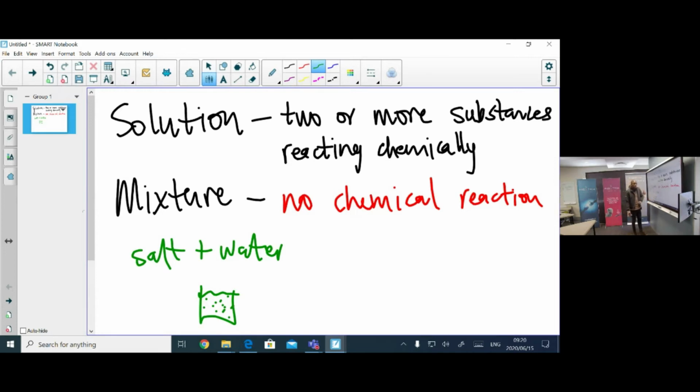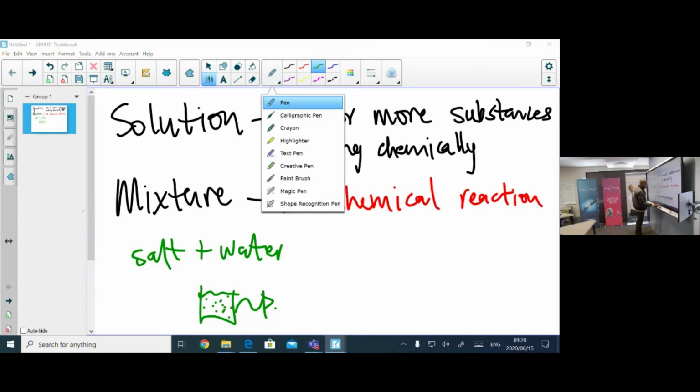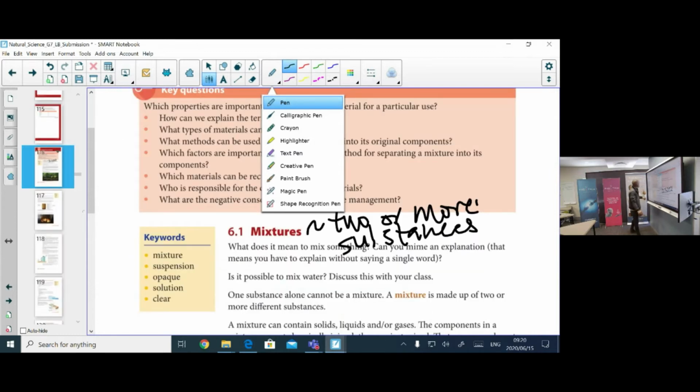And there will be no chemical reaction that takes place in this mixture. That tells us this is a mixture rather than a solution, because there's no chemical reaction that takes place between the two. So we will continue to discuss mixtures as well as different types of mixtures.